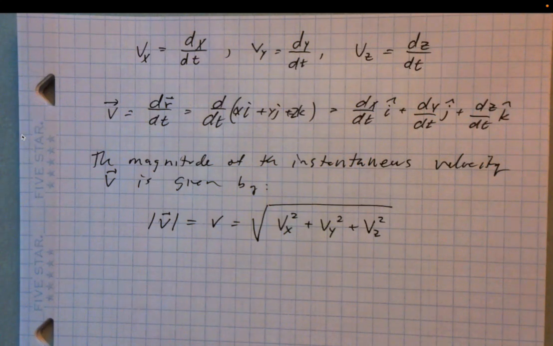And then, of course, if we want to know something about the direction of the instantaneous velocity, we can think of it as an angle off of the x-axis.